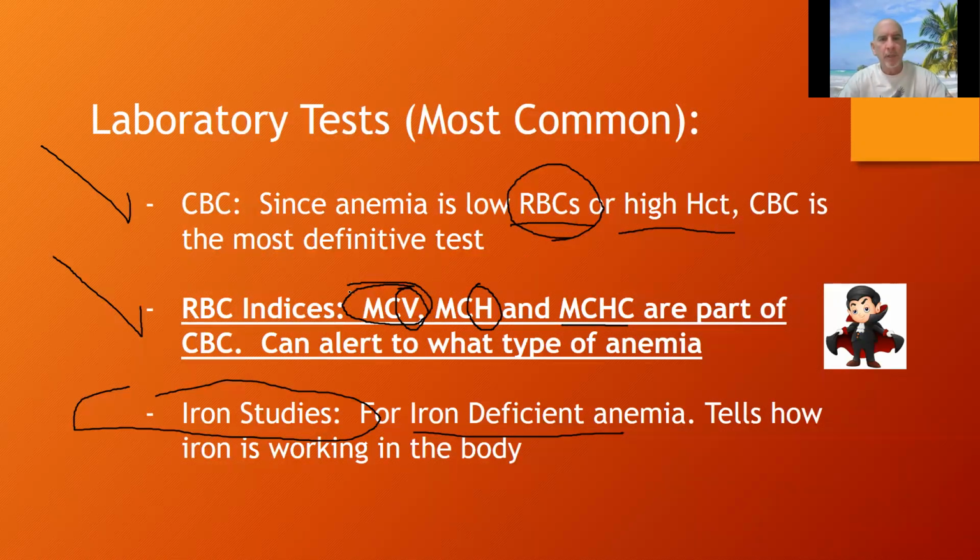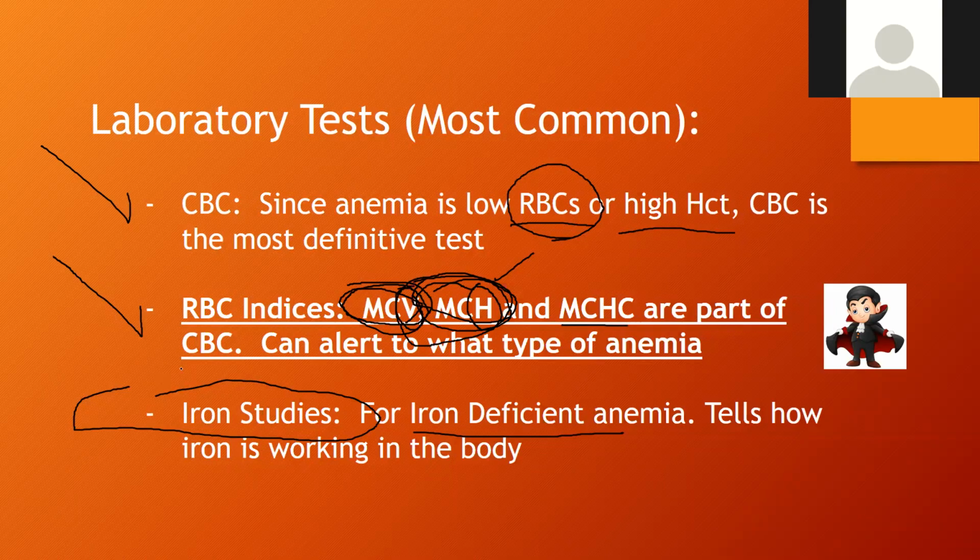For example, an increased MCH may indicate a vitamin B12 deficiency. I wanted to get that chart and put it online, but they didn't have it available. That's the nice thing about the other textbook we have, you can download the diagrams. We can't do that with ATI. Now, I'm not going to ask you which one of these detects which anemia. If you're curious, you can look that up, but that's a little more detailed than we need to go into.